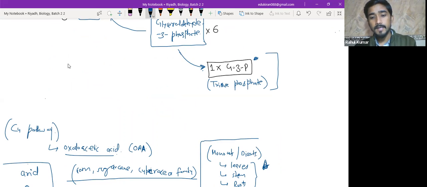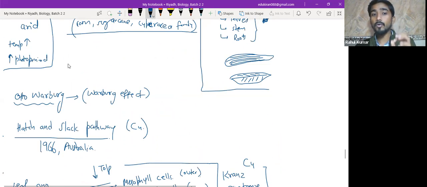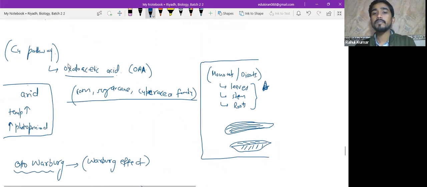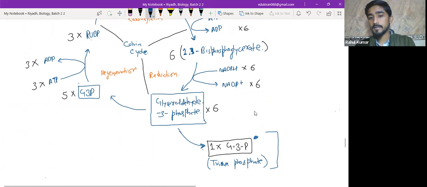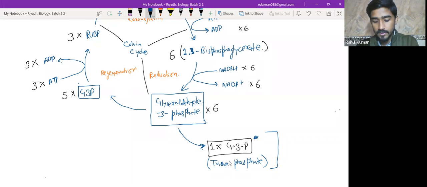In the next class, we'll be doing respiration. Till now we have only reached the triose phosphate G3P. We have not made glucose yet. So we'll make glucose, and then in the next class I will also teach you respiration, because the chemical part of respiration happens the same for plants and animals.